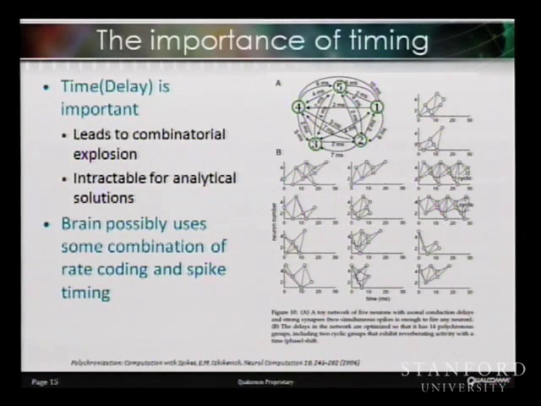So the way to read these patterns is as follows. The x-axis is time, the y-axis is neuron number. So it's 0, 1, 2, 3, 4, 5. So 5 neurons up there. For example, if you take this, there is one at what looks like 5, followed by 3, 4, and 1, and so on.